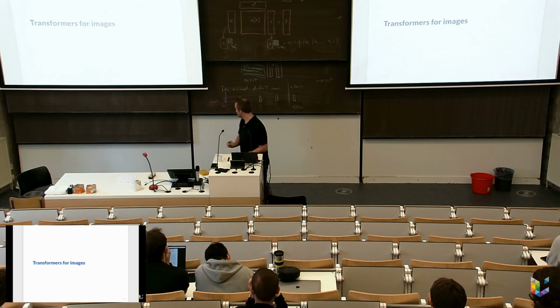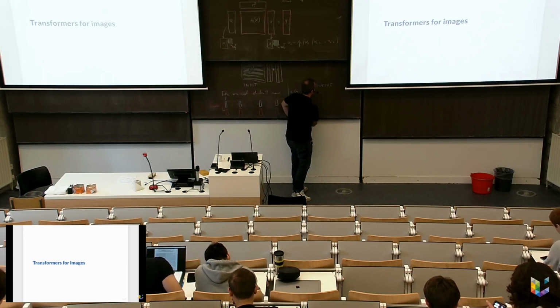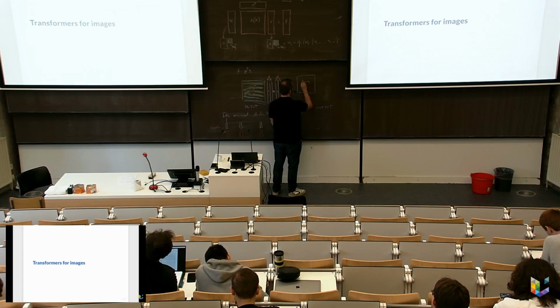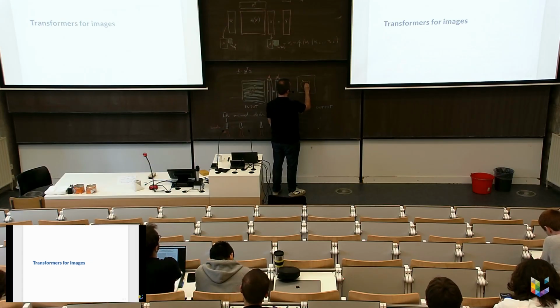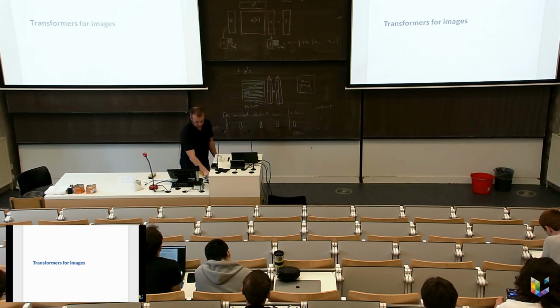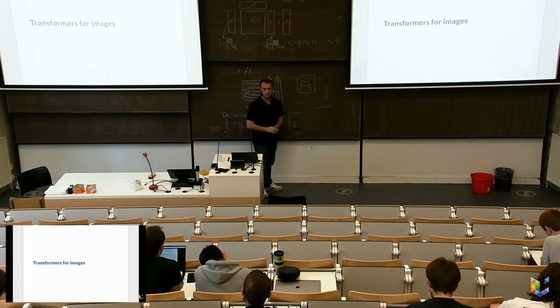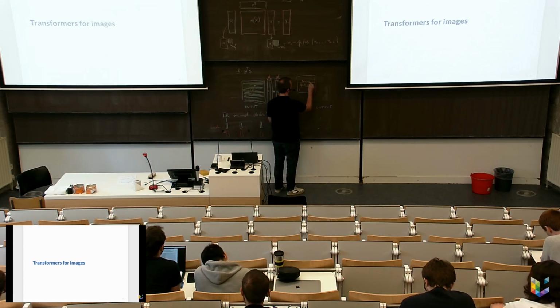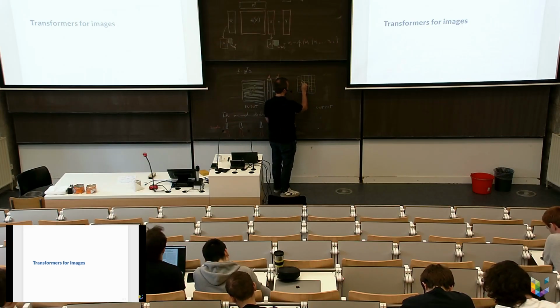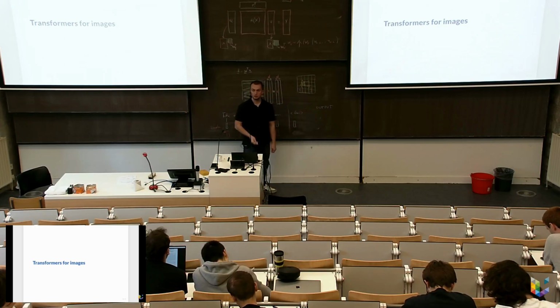A very simple way to do that is, from an image, with this cat again, I can extract tokens by considering, for example, small patches. And you will say that the content of one of these patches is a token. So you take the pixel content of one of these patches, you flatten it into a big vector, and you say, this is my token.